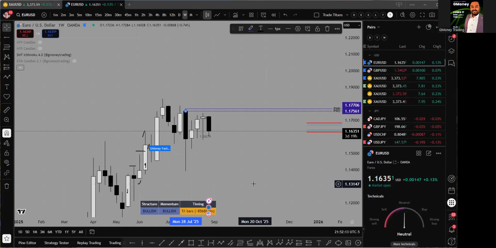The doji was just a pullback. And then here, this one was a great control candlestick. The next one did pretty good, and then this one kind of engulfed.